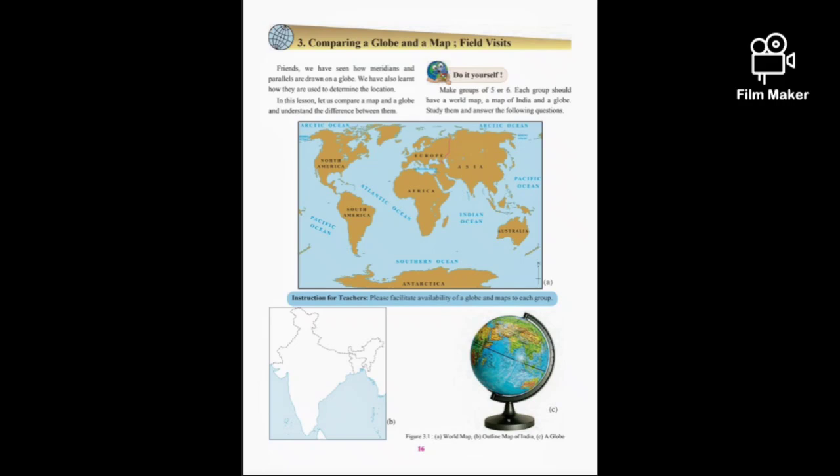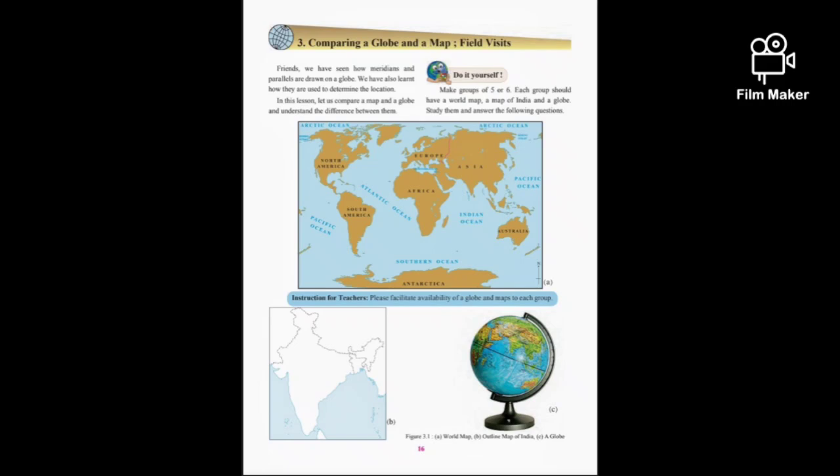On a globe you can only locate the places, the different continents and the countries, and somewhat you can even understand the capital. But a map helps us to understand the details about different countries.